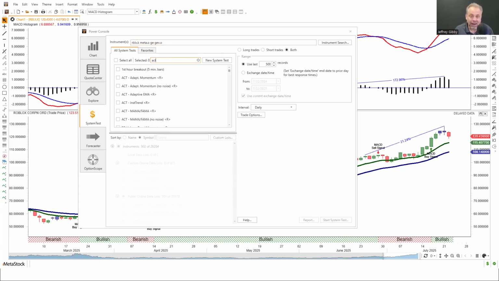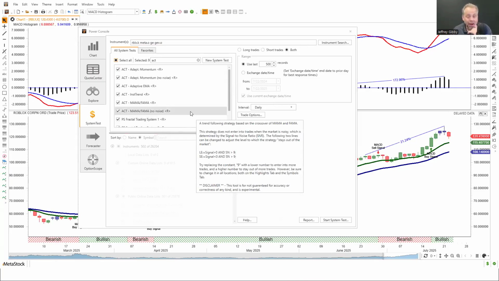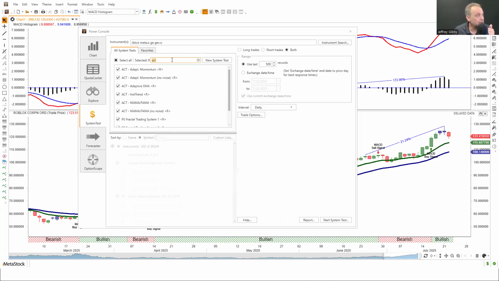Actually, while we're talking about system testing in particular, not scanning in particular, I think we have one of the best scanners. I am totally biased, no question about it. But you can go in here and scan whatever markets you're interested in, for whatever ideas you want.